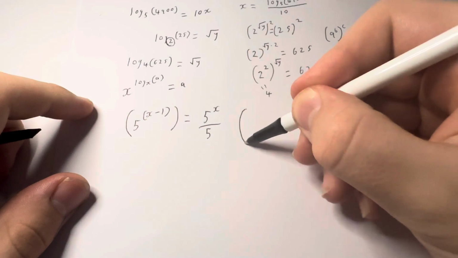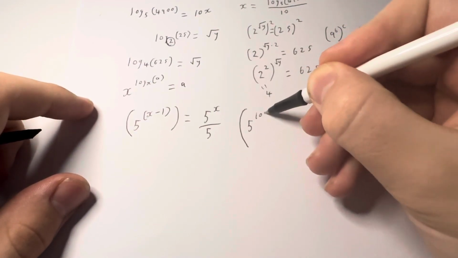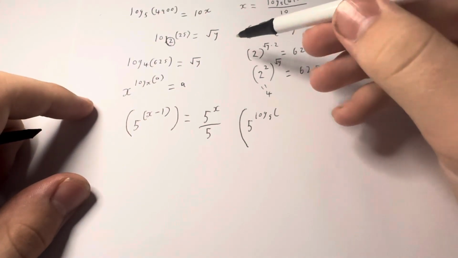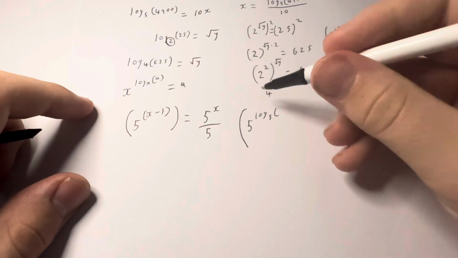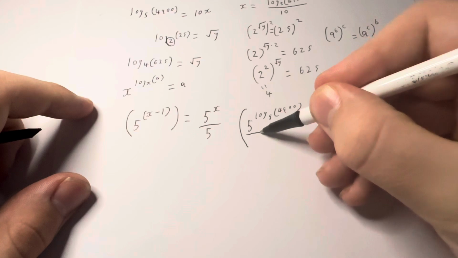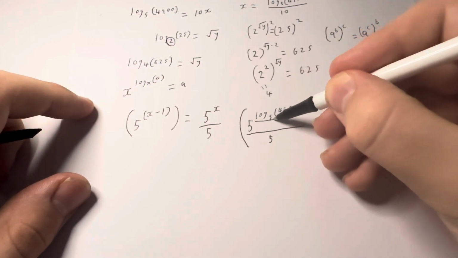We have 5 to the log base 5 of 4,900, and then we have that all divided by 5. Oh, and this is divided by 10.